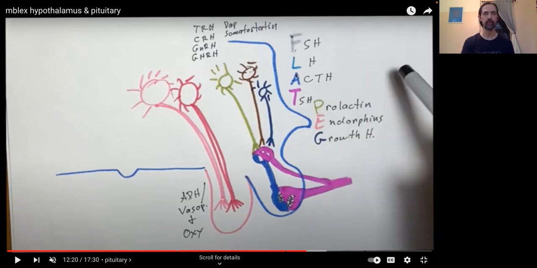Luteinizing hormone, I believe, causes the release of an egg from the ovary, which then goes into the fallopian tube and then into the uterus. Feel free to correct me if I switch anything. Unfortunately, sometimes I make mistakes. Adrenocorticotropic hormone stimulates the adrenal glands.